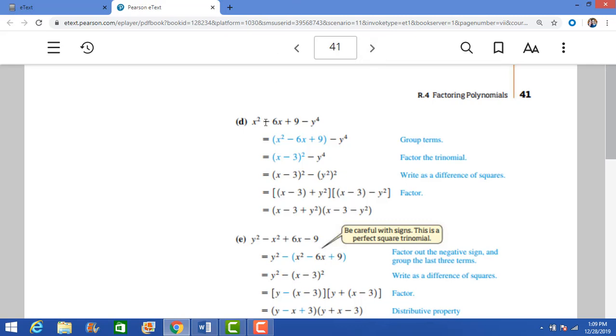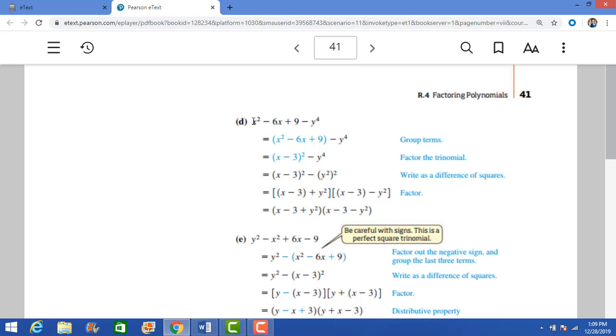Here we have x squared minus 6x plus 9 minus y to the 4. So think about this. Here we can separate this off because we've got minus y to the 4th. Now, if this is a perfect square, we've got a difference of two squares. How do we know if this is a perfect square? Well, let's look. This is a square, and this is a perfect square.